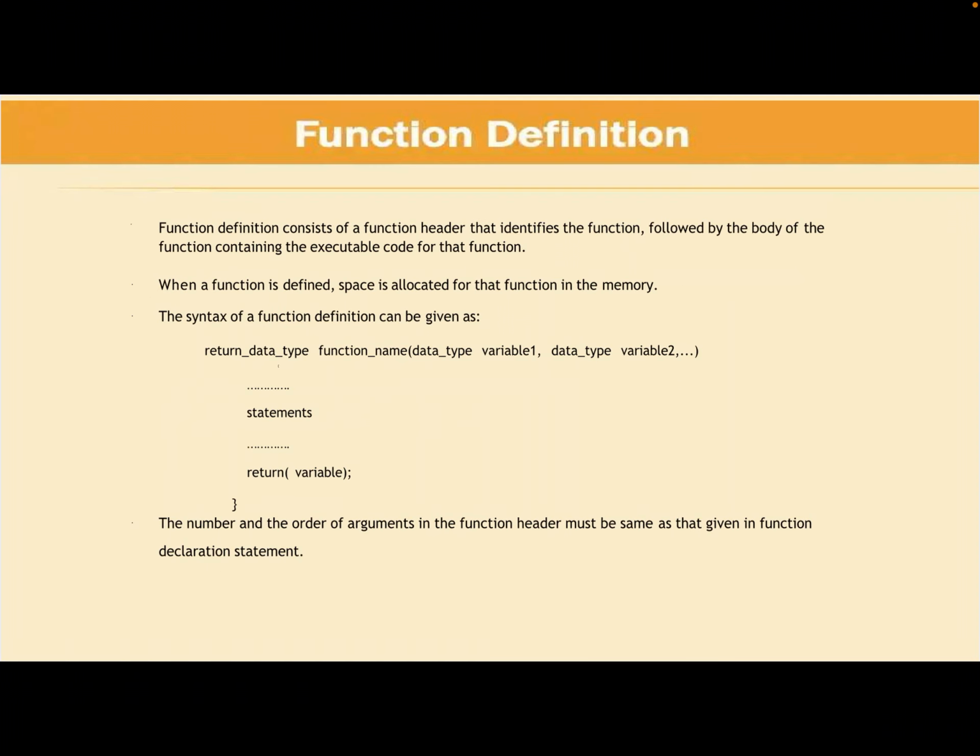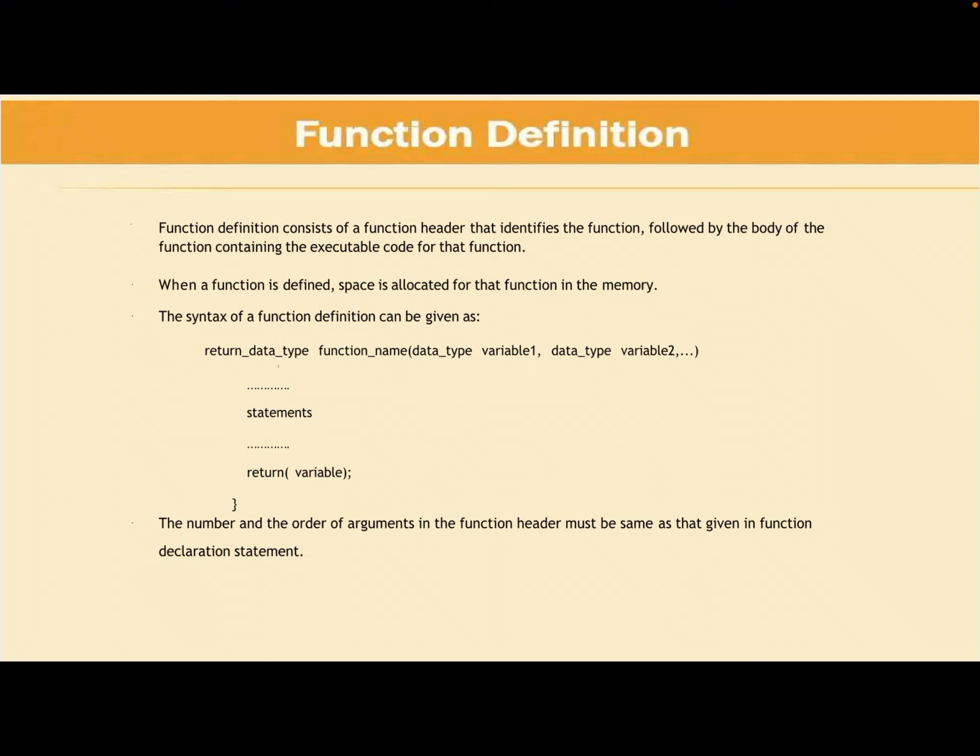Next, function definition. A function definition consists of a function header that identifies the function, followed by the body of the function containing the executable code for that function. When a function is defined, space is allocated for the function in memory. The syntax of the function definition is shown below.